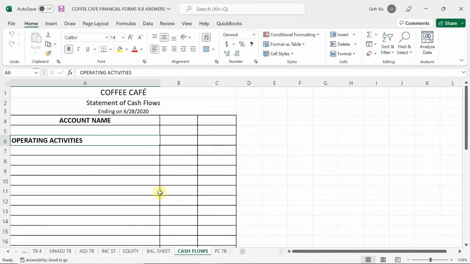Now, if you remember, the statement of cash flows basically determines how much money flowed into the company and how much money flowed out of the company. We're looking at real physical cash, as in if you sold a product and you received cash for it, that is the money that's actually flowing into the company.